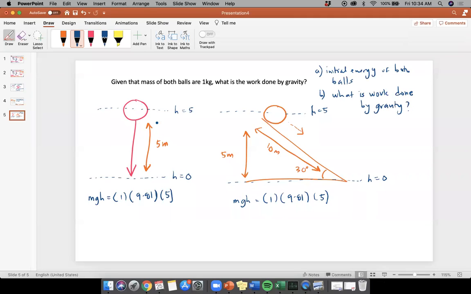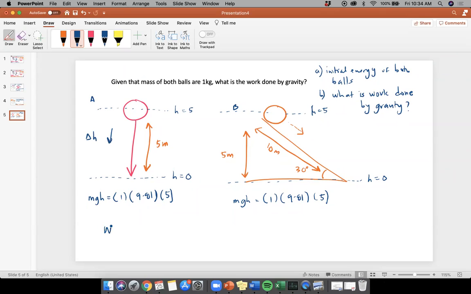So work done by gravity for the first situation A versus situation B. Situation A, the work done by gravity is easy. We know that the displacement is going down, right? And our displacement is just 5.